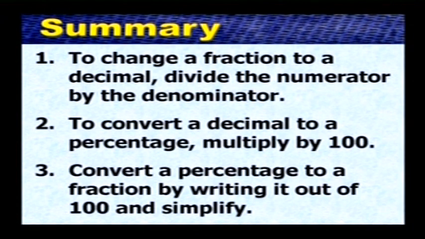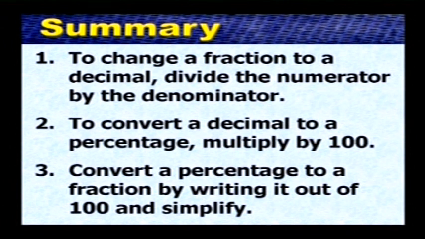7Es, let's now focus on the screen and see what our summary points for today are. We shouldn't be moving around. Number 1, to change a fraction to a decimal, divide the numerator by the denominator. This is what we are doing now in the lesson and also in your previous lesson.